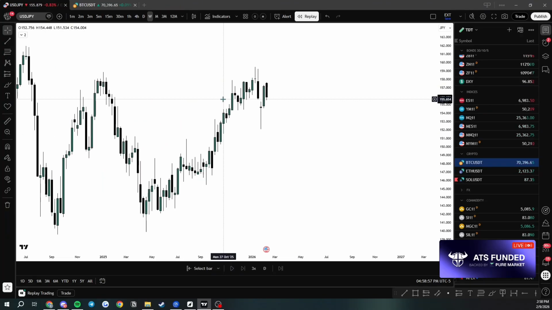Okay, what time frame are you checking out? It should be the last thing that you look at. It's a confirmation tool. 15 minute, okay, let's see.